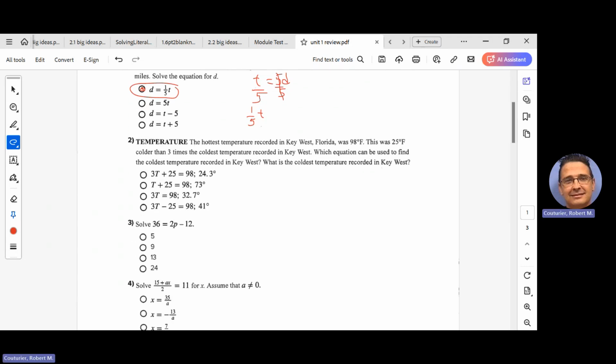Here's another one. Temperature. The hottest temperature recorded in Key West, Florida was 98 degrees. That's the hottest. That was the maximum. It's the total. That was equal. This was 25 degrees colder than 3 times the coldest temperature of record.